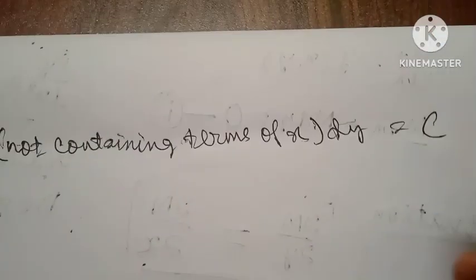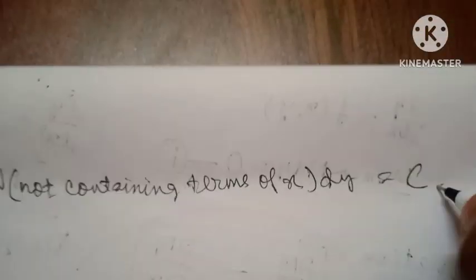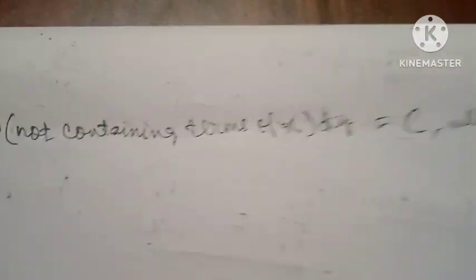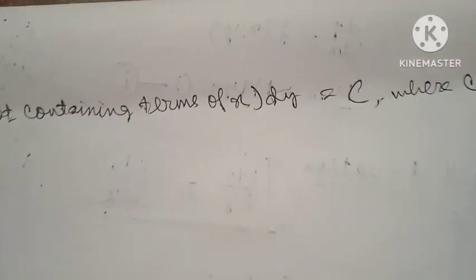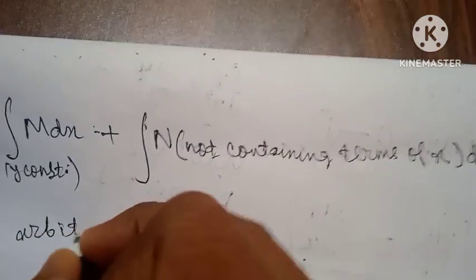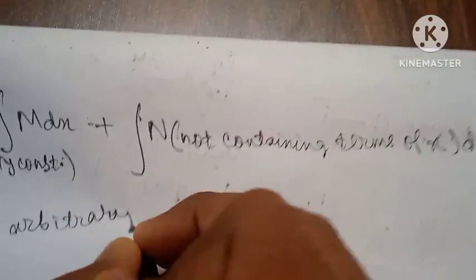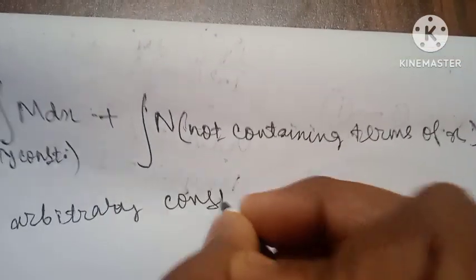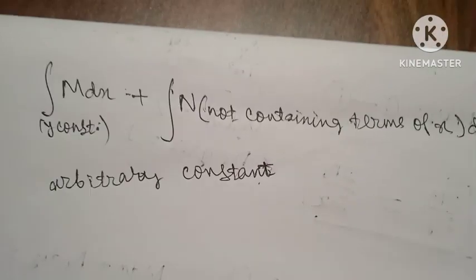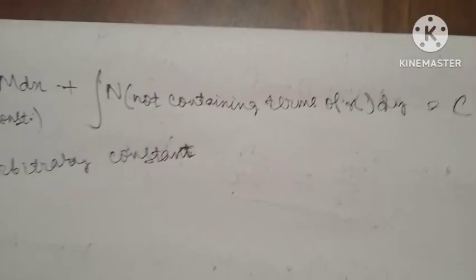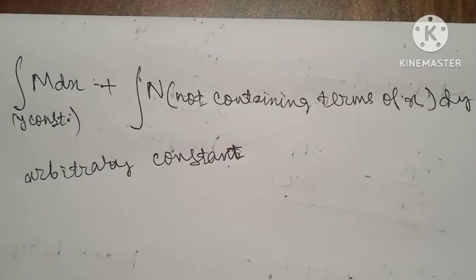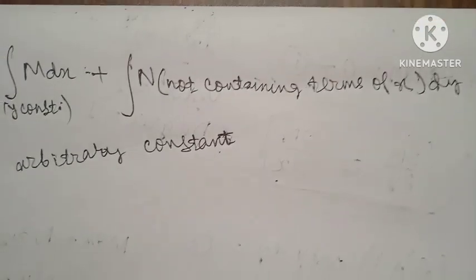Here c is an arbitrary constant. So this is the formula for the solution of an exact differential equation.